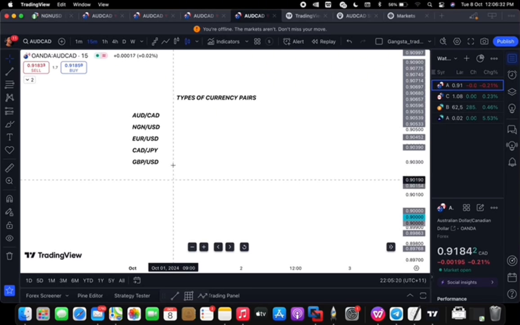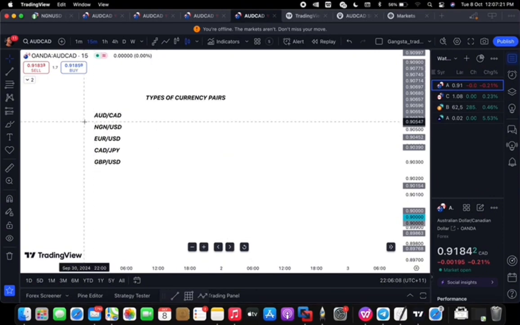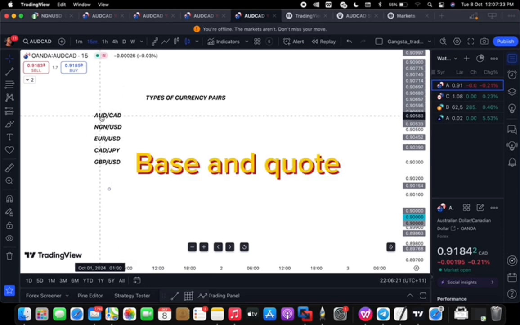Alright, so basically, what you guys need to understand is that currency comes in twos, as I explained before, they always come in pairs. And so basically, when you see the first currency like this, the first is usually known as the base currency, while the second is known as the quote currency.